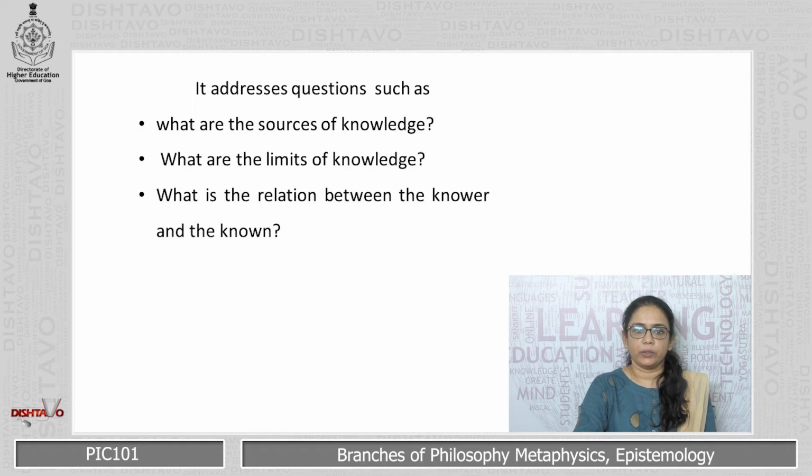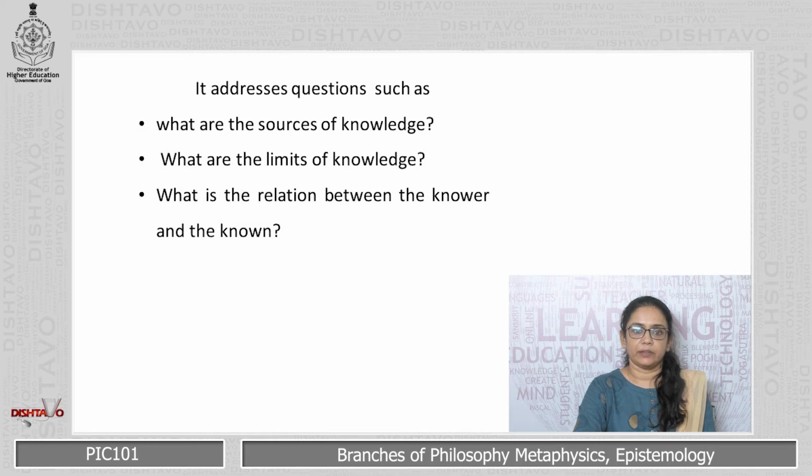Now, if we focus on the first question, what are the sources of knowledge? Philosophy speaks about 2 sources, namely reason and sense experience. If you ask me what is reason, it is thinking. And if you ask me what is sense experience, it is the knowledge that we get through our 5 sense organs, namely seeing, hearing, touching, tasting, and smelling.